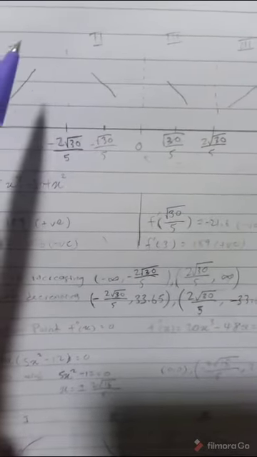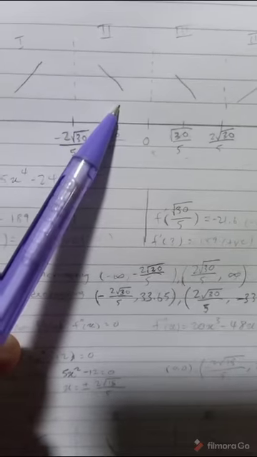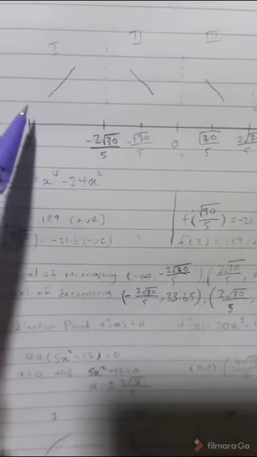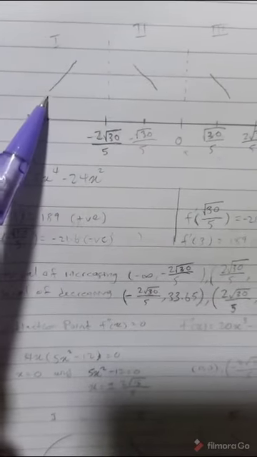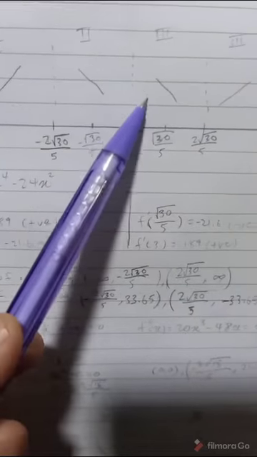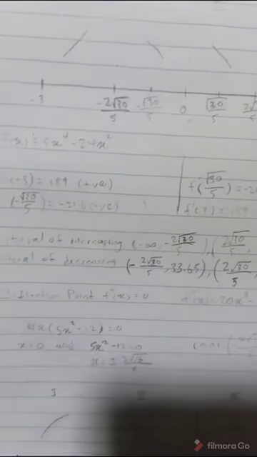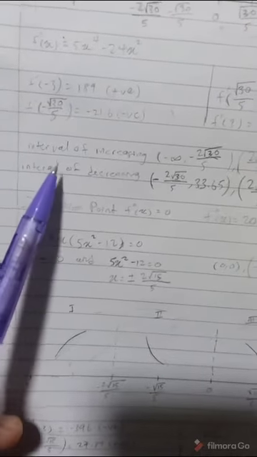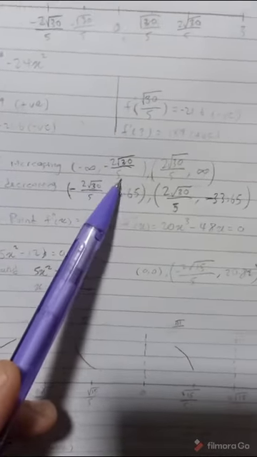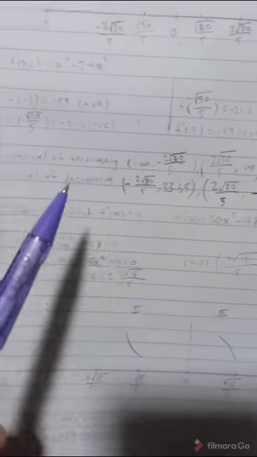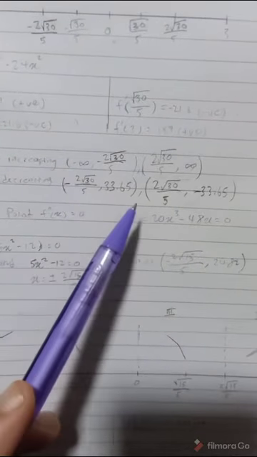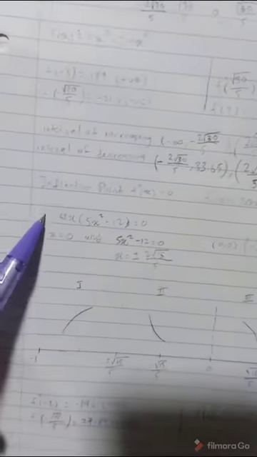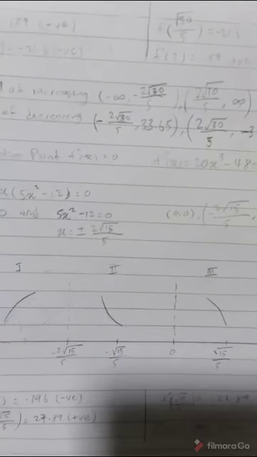If negative, the interval is decreasing. So we find the intervals are increasing, decreasing, decreasing, and increasing. Now we find the intervals of increasing and decreasing at these points.